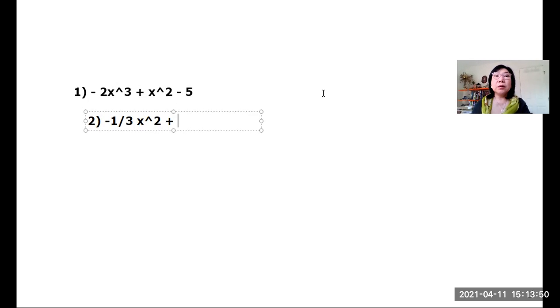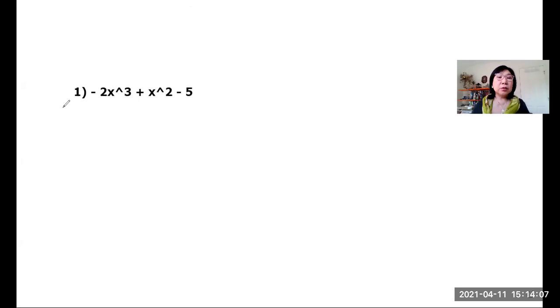I could not do the square root. So what I'm going to do is erase this number 2 here, and I am going to draw it instead.